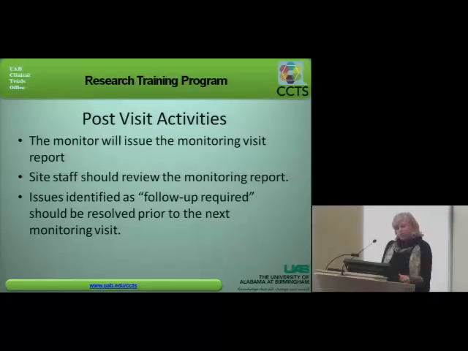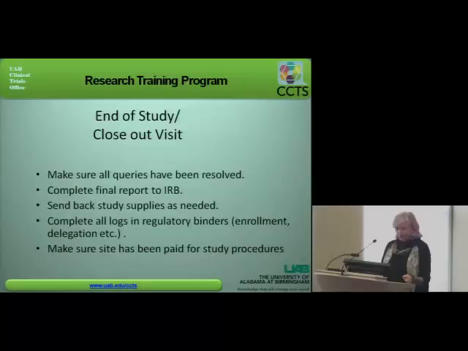And then we touched base a little bit on this, just making sure that anything in the monitoring report is addressed, and that if there's a follow-up action required, it's resolved prior to the next visit.